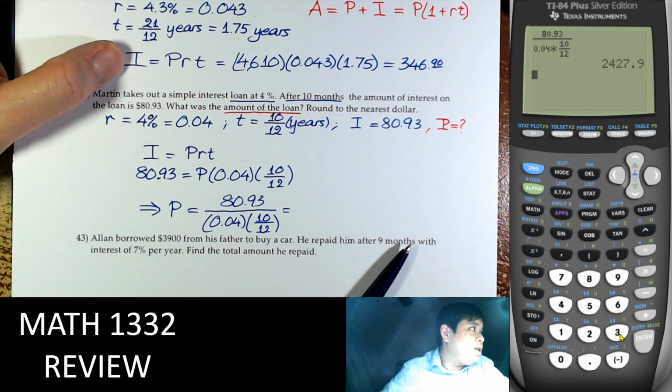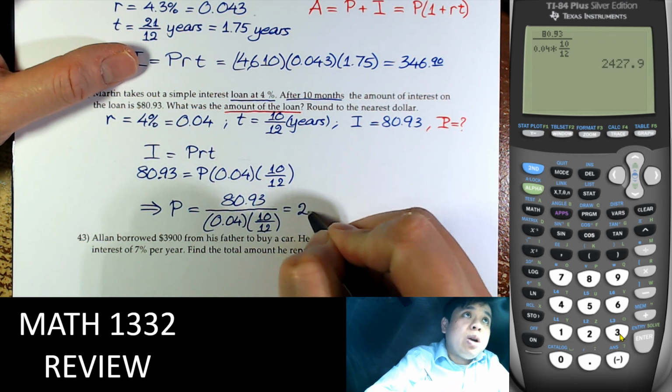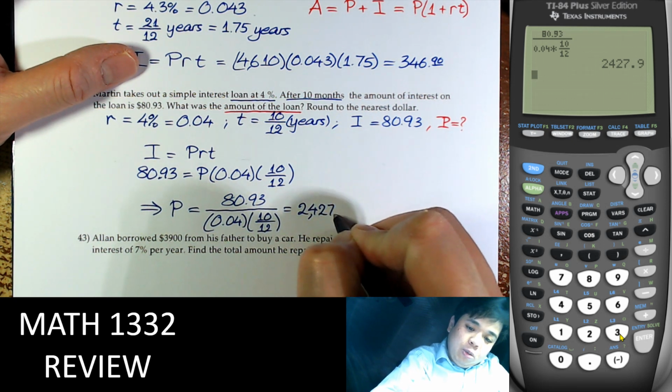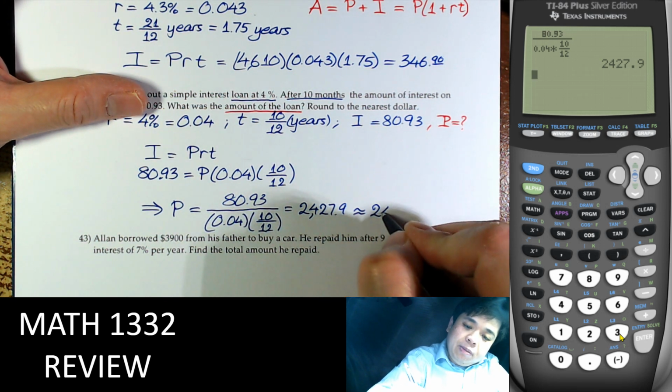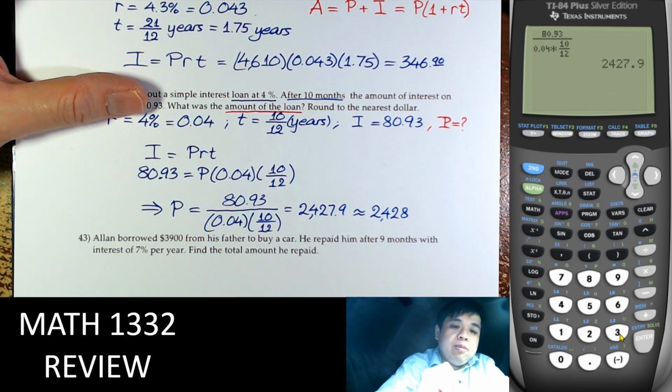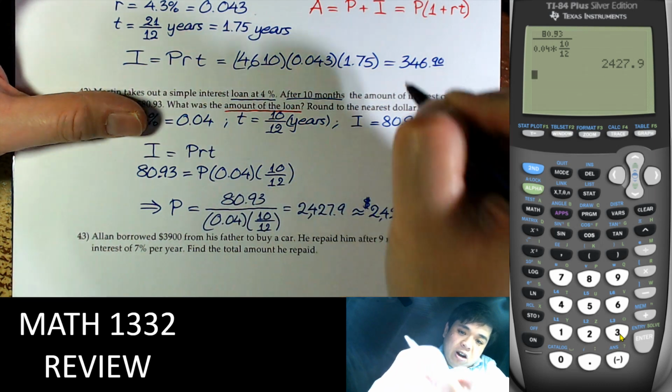Right, we have that. And they say round to the nearest dollar. So we have 2,427.9, and round that to the nearest dollar. Right, so that's what we have. Of course, for all of this problem, the unit is dollars.